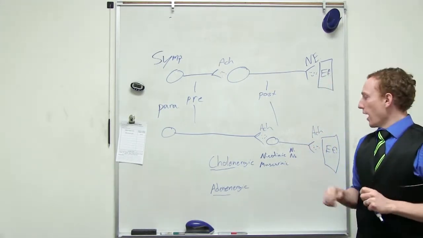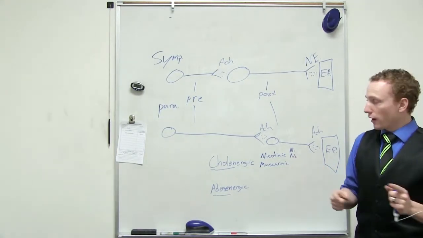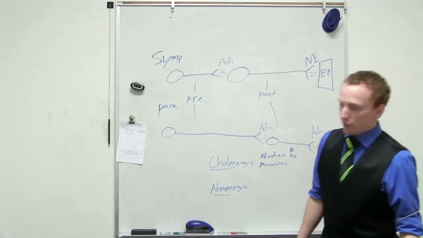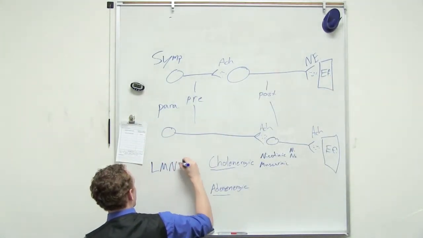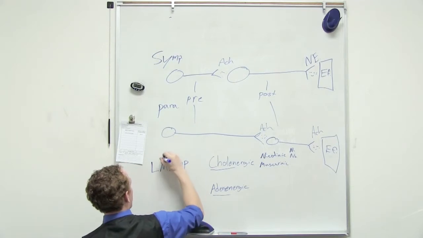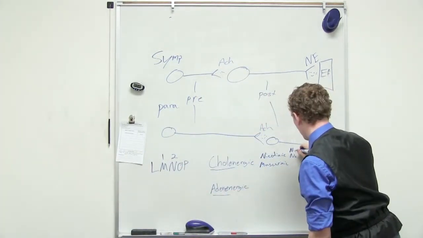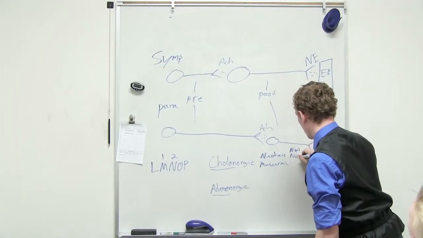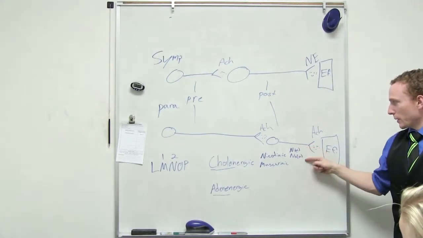I memorize it this way because they're alphabetical. LMNOP, right? M then N. So 1 is M, 2 is N. Make sense? Alphabetical.